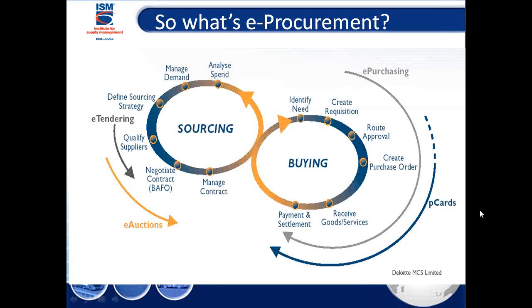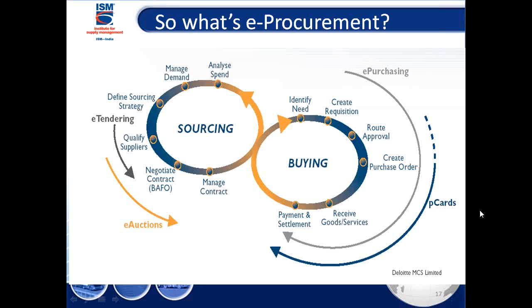If you look at your procurement, some of you are thinking procurement is simple buying. If you look at the one circle on the right side, the buying: you are identifying the needs, creating the requisitions, routing the approvals, creating the POs, receiving and making payment. To me, that is P2P, procurement to payment.